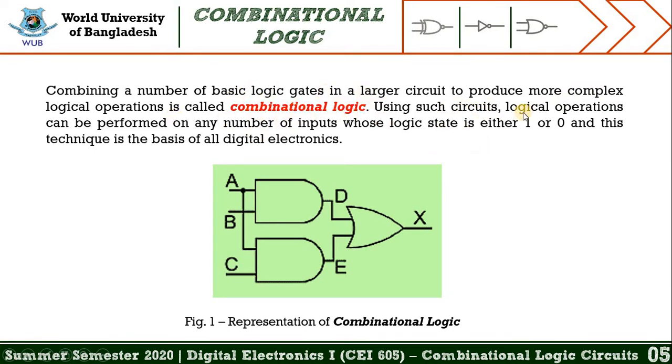Using such circuits, logical operations can be performed on any number of inputs whose logic state is either 1 or 0, and this technique is the basis of all digital electronics. Figure 1 is a representation of a combinational logic circuit. So let's move into the next slide.